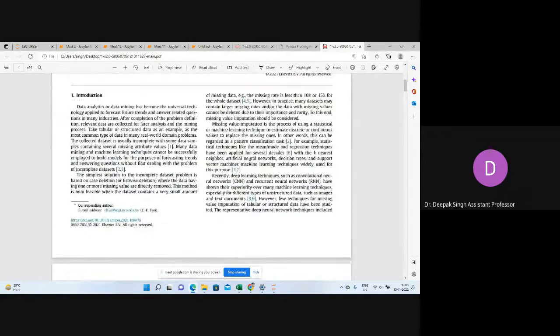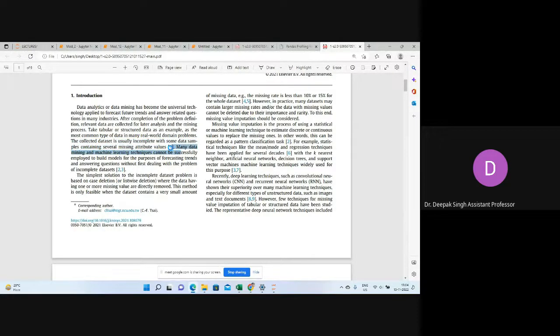Okay, reading the paper is also very, it's an art. Basically you have to follow each sentence. You cannot ignore a single sentence in the paper, because sometimes what happens is, if I see this sentence, the collected data set is usually incomplete with some data samples containing several missing attribute values, and then there is a bracket there, in which it is written 1.